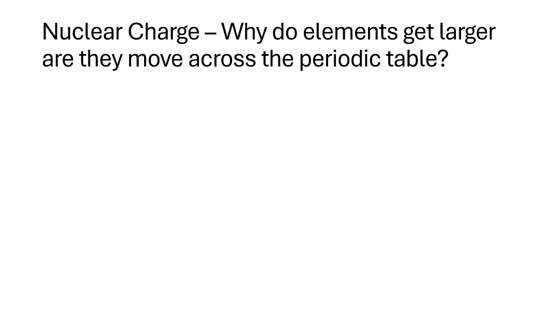We have to know why the elements get smaller as we move across the periodic table. So remember, helium and fluorine are the smallest, francium is the largest, so therefore, as we go across the periodic table, it's going to get smaller. And this has to do with nuclear charge. So as we go across the periodic table, there are more protons in the center.